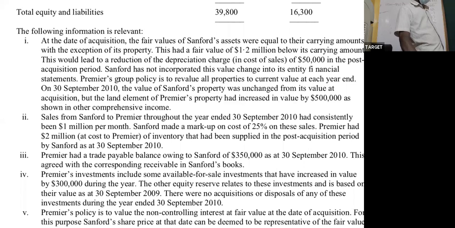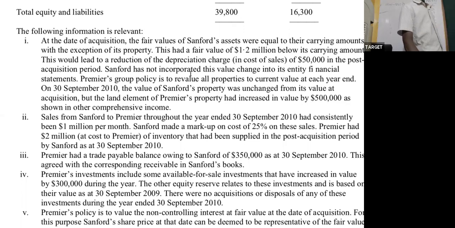They said the group policy is to revalue all properties to current value. That is revaluation at each year end. Fine. On 30th September 2010, the value of Stamford property was unchanged from its value at acquisition. So unchanged means no fair value gain, no fair value loss, no revaluation. Fine, that's good news.